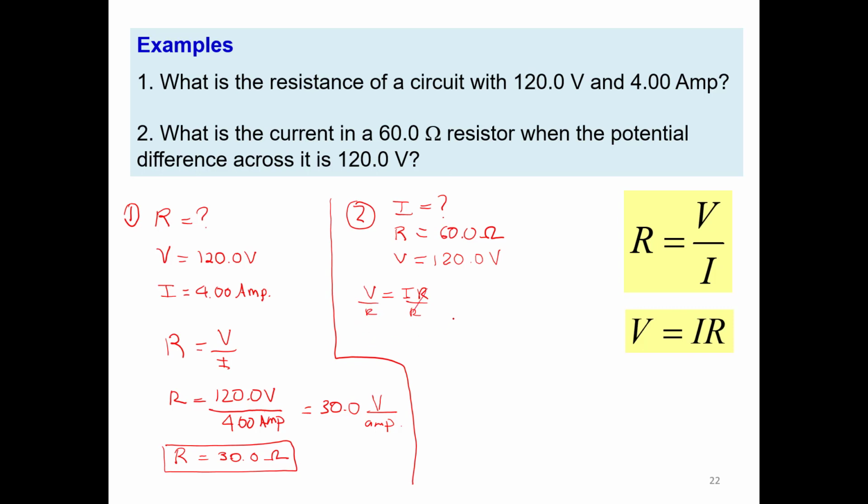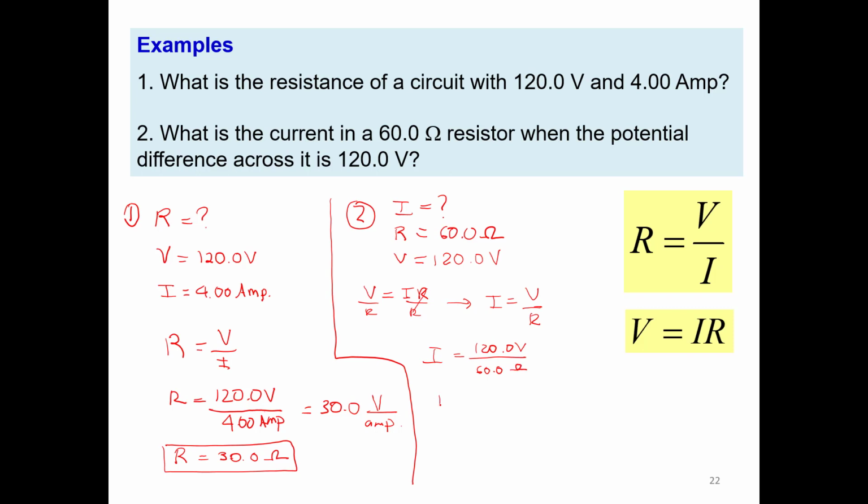And we have current equals the voltage divided by the resistance. Now we calculate the current: voltage is 120 volt divided by the resistance, 60 ohm.